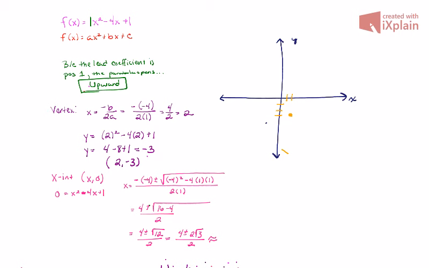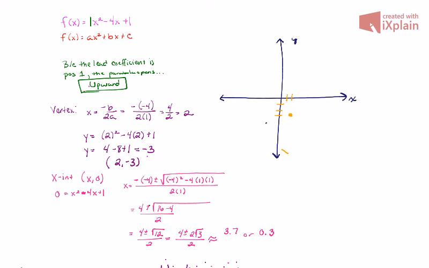So if we were to go ahead and do a decimal approximation, this would either be equal to about 3.7, or we would have about 0.3.